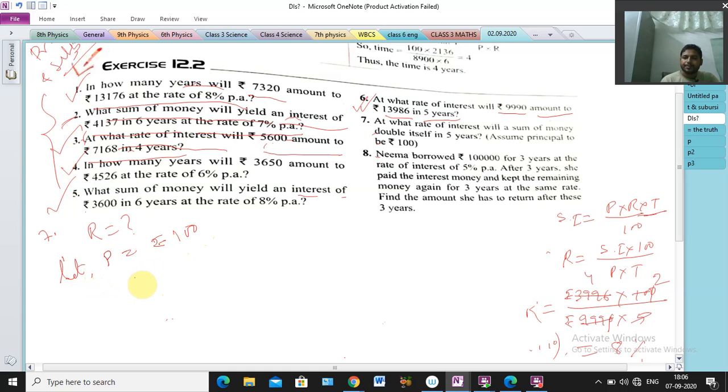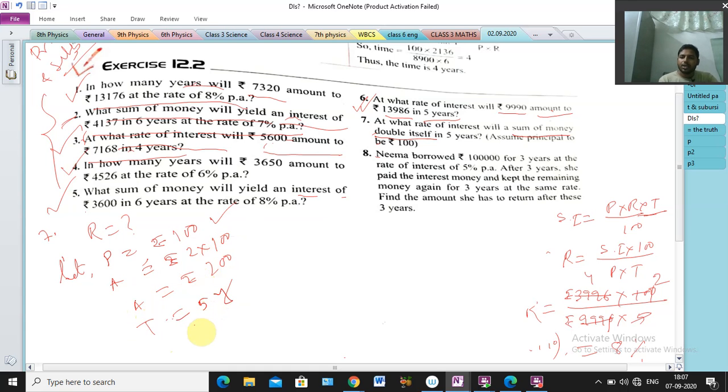Okay, clear? Principal is 100 rupees, here is telling, sum of money double itself. That means amount equal to rupees 2 into 100. Why? Because principal 100, so that's why amount equal to rupees 2 into 100. Clear? That means rupees 200. That is amount. Understood? And time given, time 5 years.